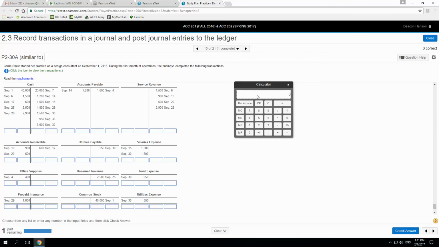Okay. So I'll add up my cash debits. 40,000. Okay. So the sum of my debits is 47,500 for cash. I'll put that in memory. So memory plus. And then we'll add up the credits. Okay, and then you kind of got to think in your head, was that less or more than what's in memory?